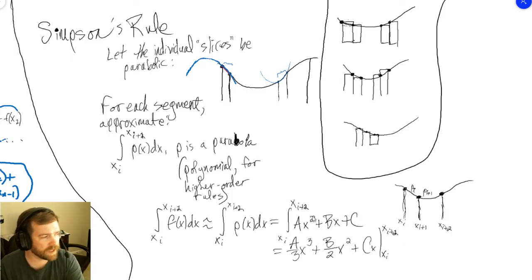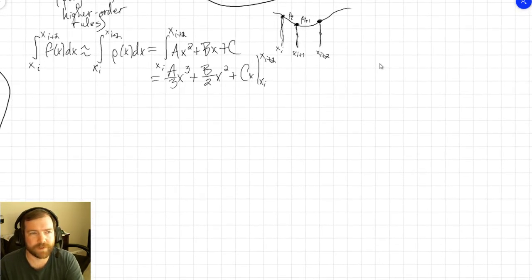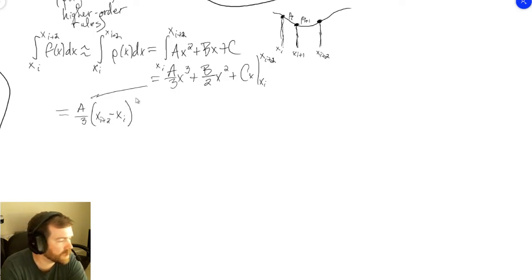So then all this stuff taken together, I have to do that all out now. All right, so this is all going to be equal to a over 3 times the quantity x sub i plus 2 minus x sub i, and those individually are cubed.